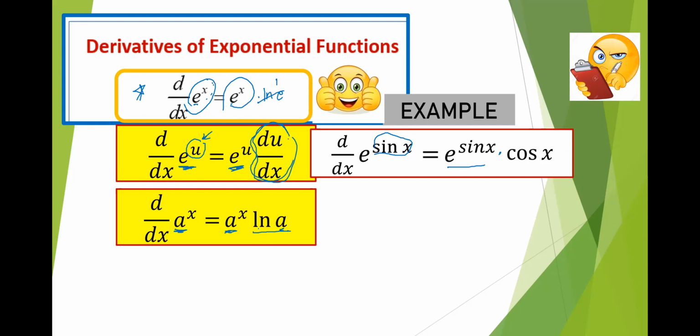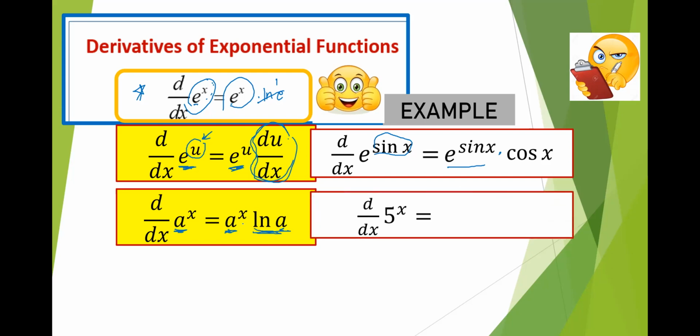Unlike here, if a is any number other than e, you have to write it in here. So for example, if you're given the derivative of 5 to the x, what will be the derivative if we follow the formula? It's a matter of following the formula, obedience to the rule.